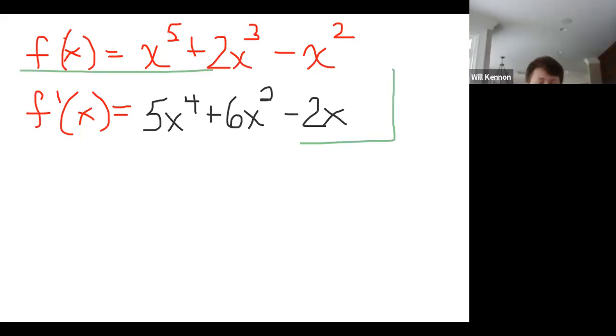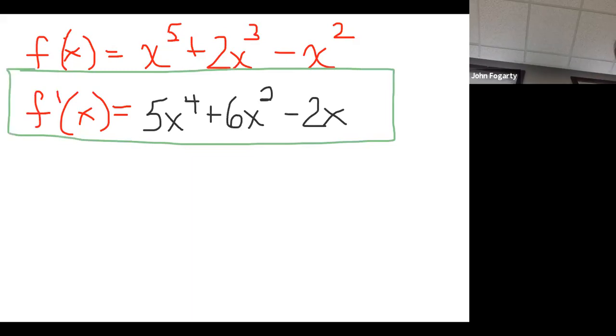So now what would you do if I said this? What is the derivative of this function at x is 2? So what am I asking you? When x is 2, what is the instantaneous slope of that function?